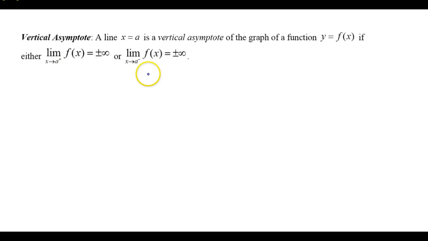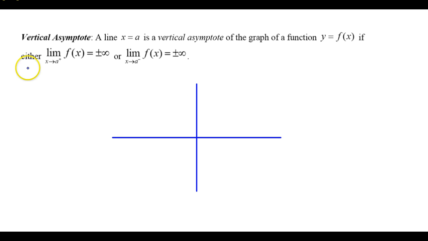So as I approach a, let's draw a quick sketch of any graph here that has a vertical asymptote. So let's go ahead and say that there's a vertical asymptote at some value, call that value a. So if we draw any function, this is a vertical asymptote provided that as I get close to a from some side, I'm headed towards some infinity. So as long as I'm getting close to a from the left side, I'm going towards an infinity, then a is considered to be a vertical asymptote, or more specifically, x equals a.